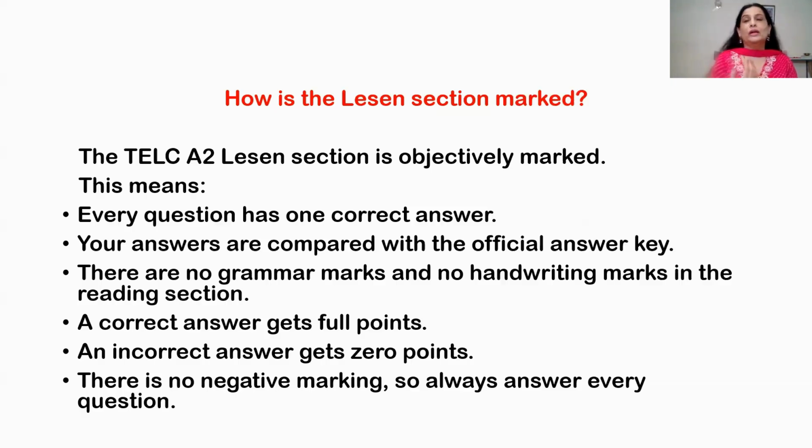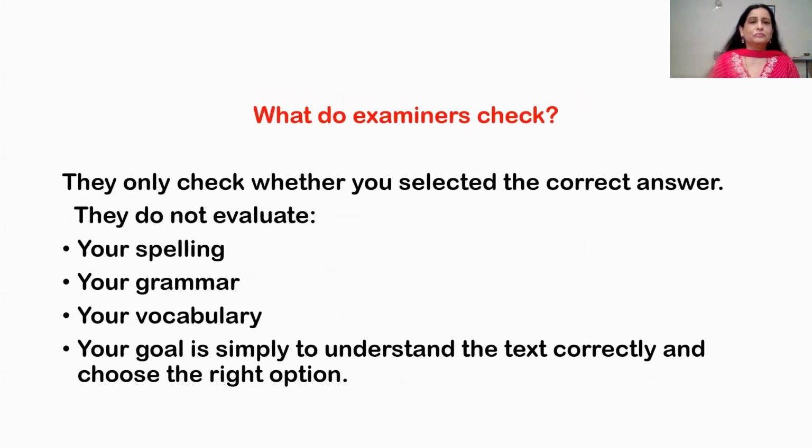Even if you are doubtful about a particular question, please answer it, because if it is wrong, you will only get 0 points. There is no negative marking in this TELC A2 Lesen section. Now, what do examiners check? They only check whether you selected the correct answer. They do not evaluate your spelling, your grammar, or your vocabulary.